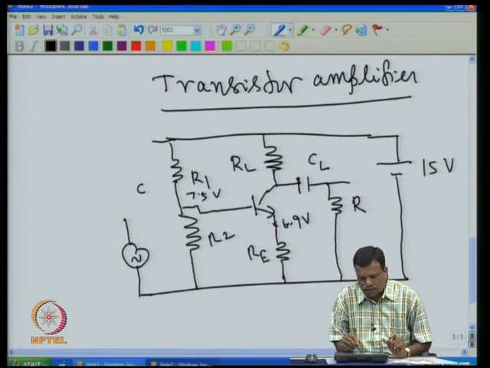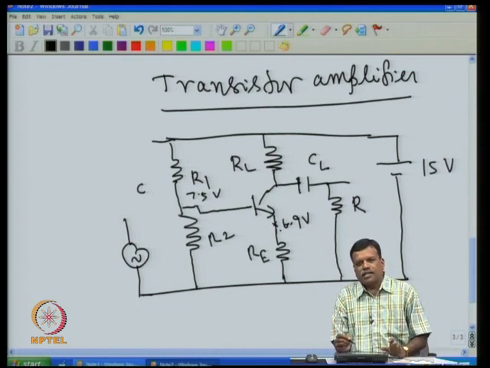If the voltage is less than 0.6, you will find very little current flowing even in the collector, and normally you will never find above 0.7 volt across base emitter, because if you apply anything more than 0.7, you will find enormous current flowing in the collector circuit.